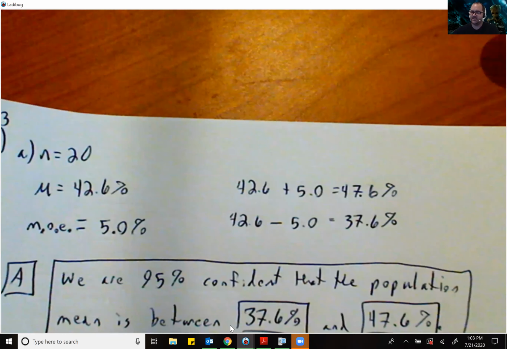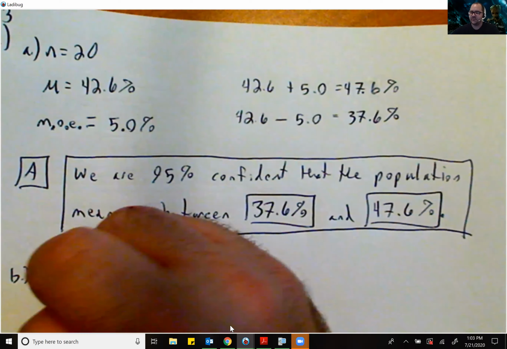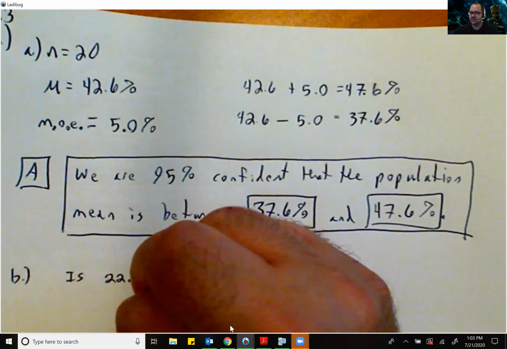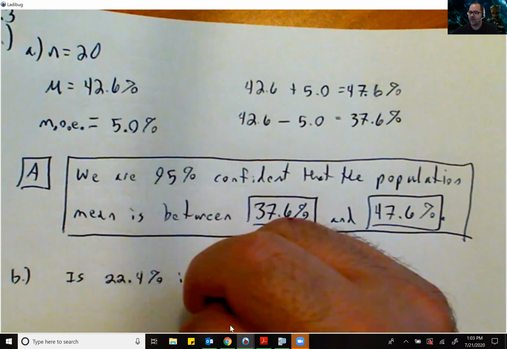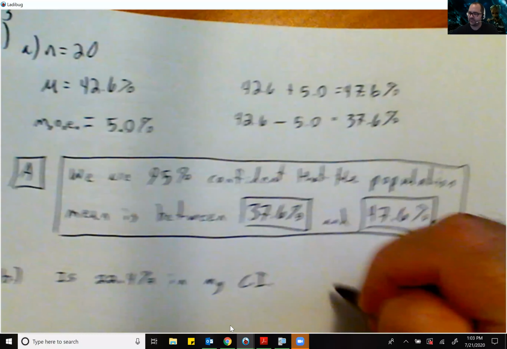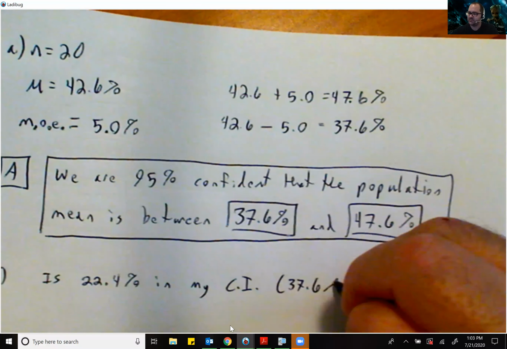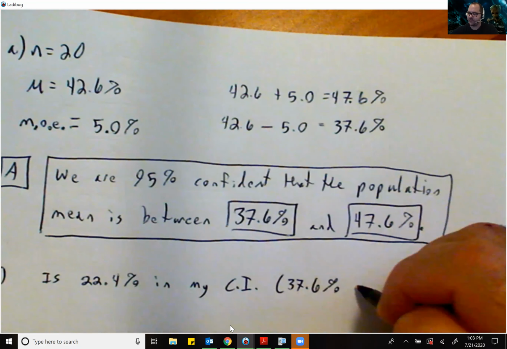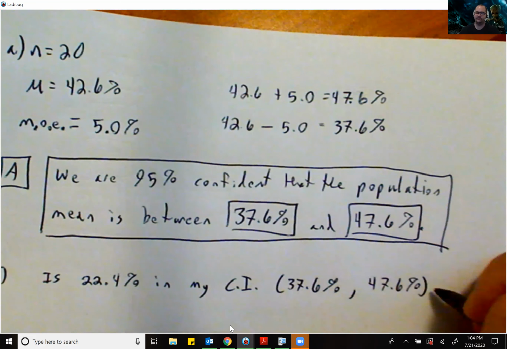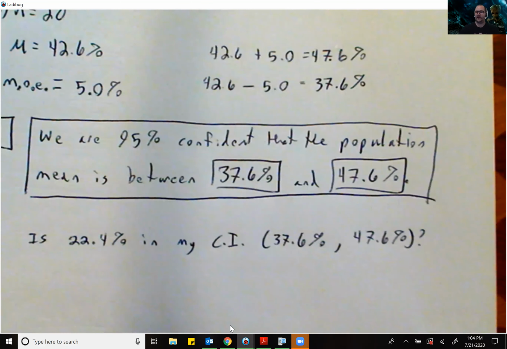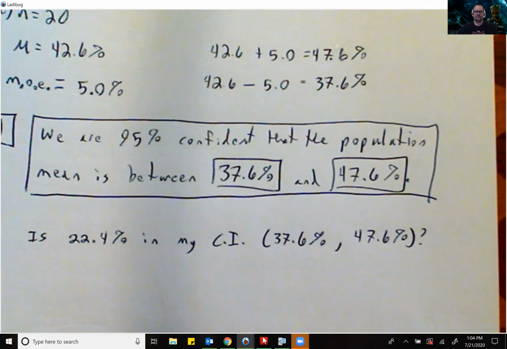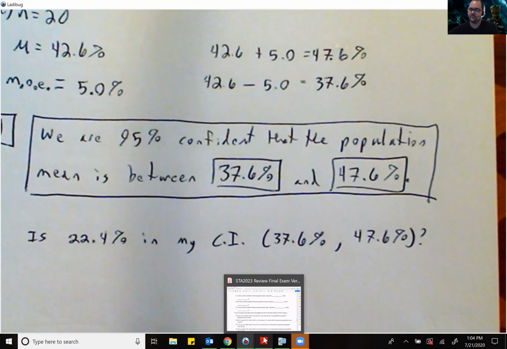So the question is, is 22.4% in my confidence interval of 37.6% to 47.6%? That's what they're asking. So if we look at this, no, this is not in there. So it is not in there.